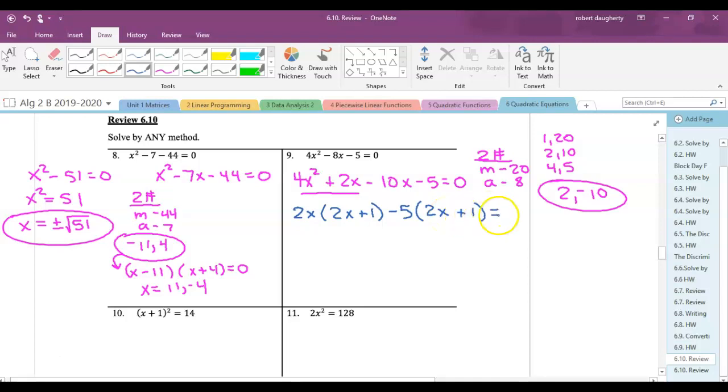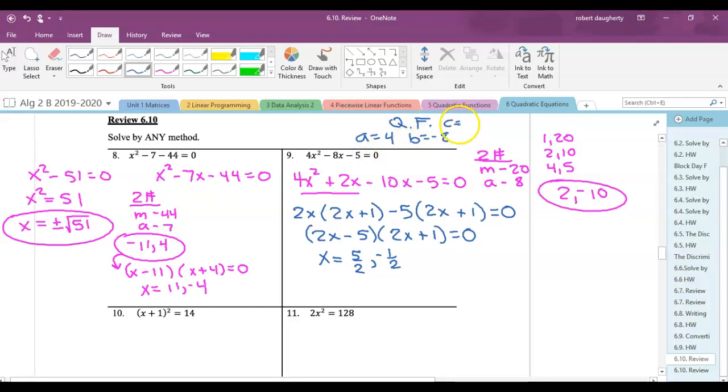That's plus 1. So this tells me 2x minus 5 times 2x plus 1 equals 0. Set each of those equal to 0, and you will get x is equal to 5 halves, or x is negative 1 half. Alternately, you could use the quadratic formula, where a is equal to 4, b is equal to negative 8, c is negative 5, and you should be able to get to the same answer there.